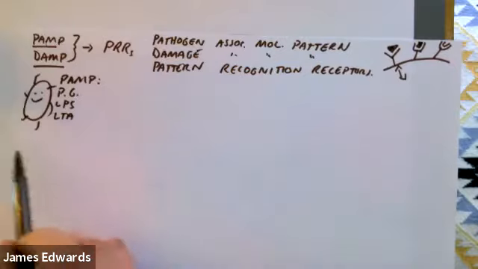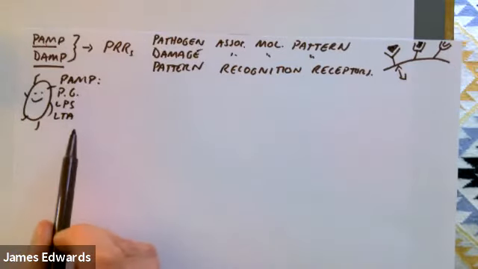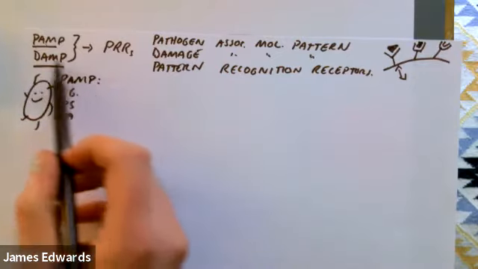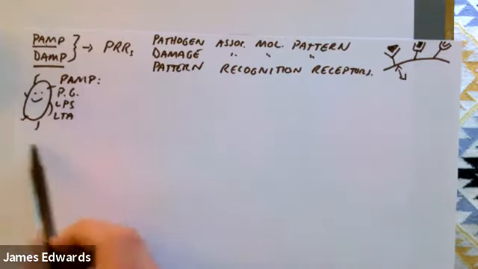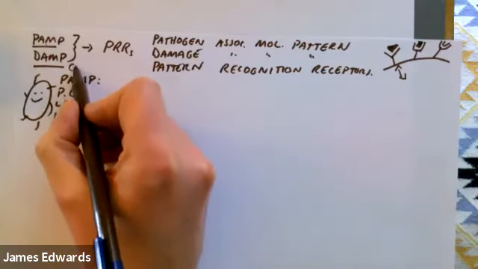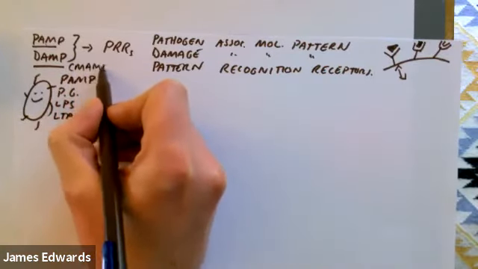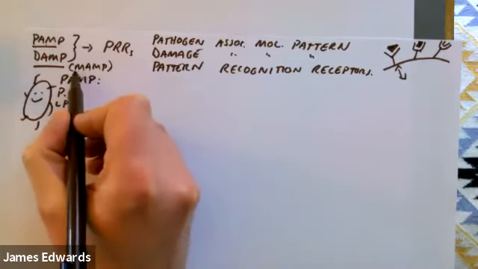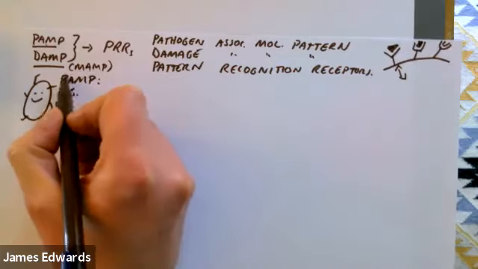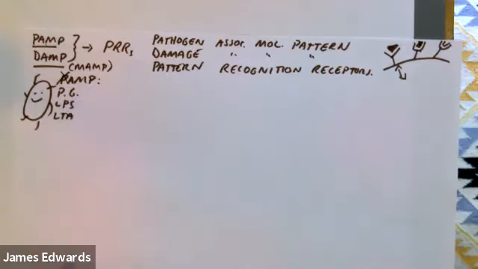The flagella is made of a protein called flagellin, for example, which is again detected by the immune system. These are essentially molecules specific to microorganisms. Sometimes you might read this as a MAMP, microbial associated molecular patterns, because of course not all microbes are pathogens.